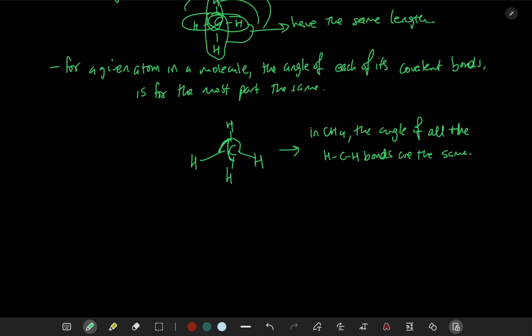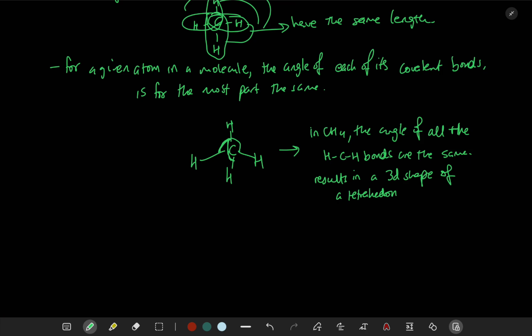And so what that means is that the carbon atom is located centrally and the hydrogen atoms point outward, and all of these bond angles are equal. And so that results in a 3D shape of what's called a tetrahedron.